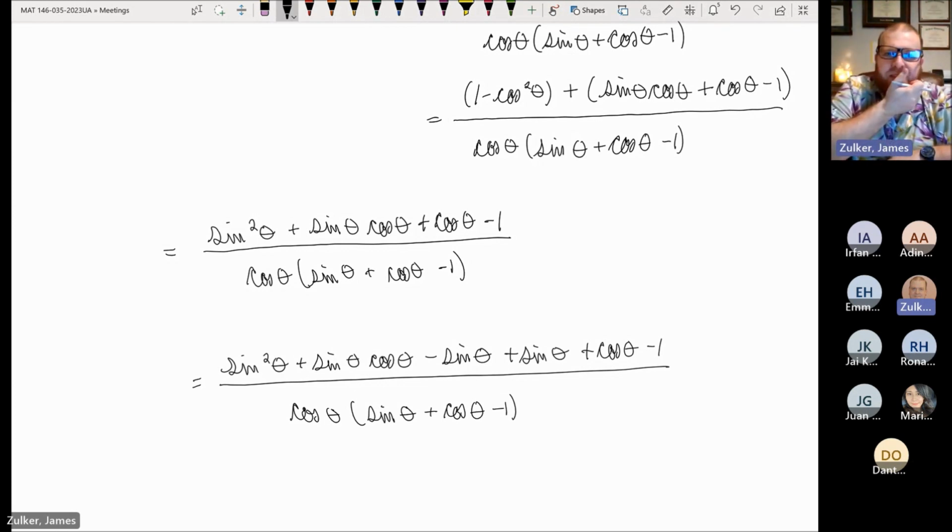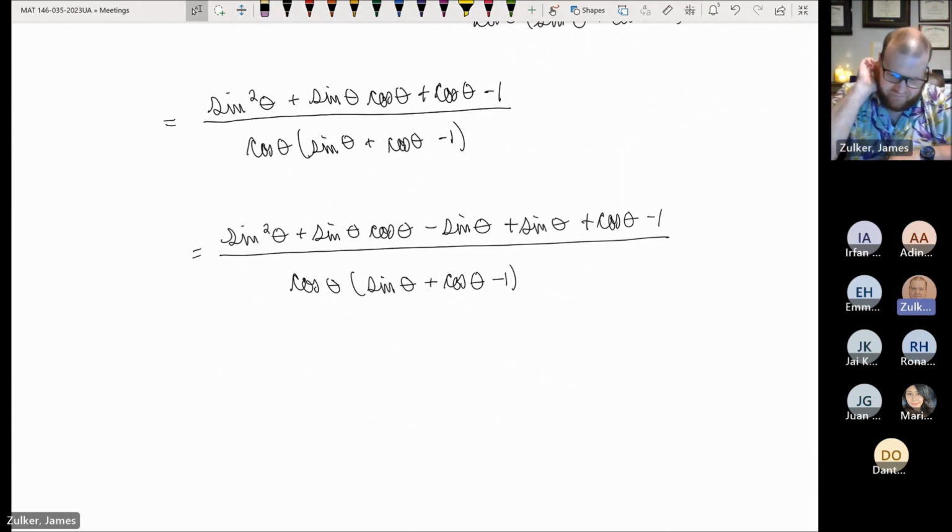This is one that's definitely easier to do from the right-hand side first. Now, factor by grouping.